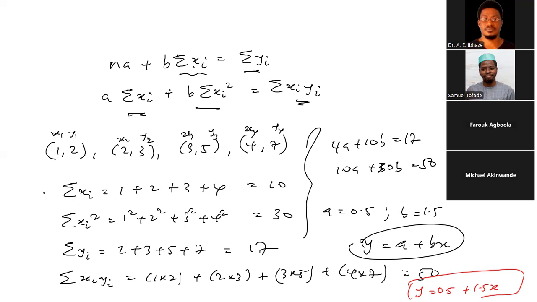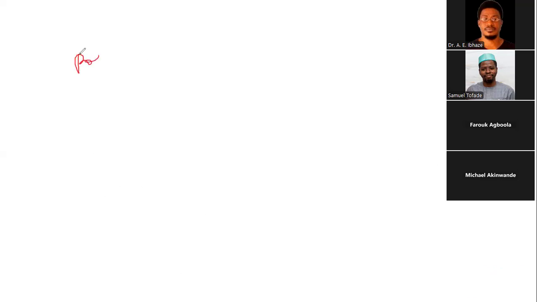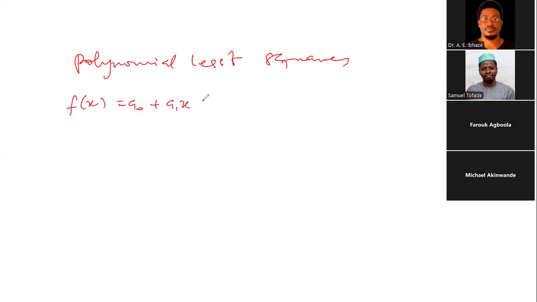So I'll just run through the others, for the polynomial least squares approximation. We are given the function to be a0 plus a1x. This is where we stopped for linear, but now that we're going higher order, we have a2x squared all the way to amx to the m. We are still dealing with the same thing. We have to check the residual, which we need to minimize, taking i from 1 to n.